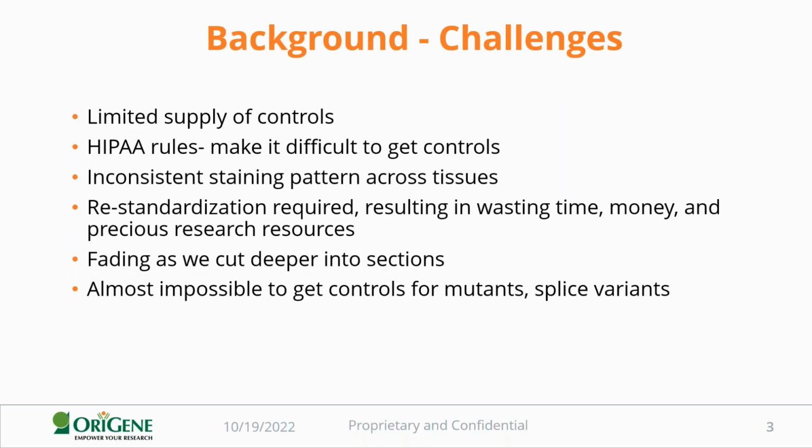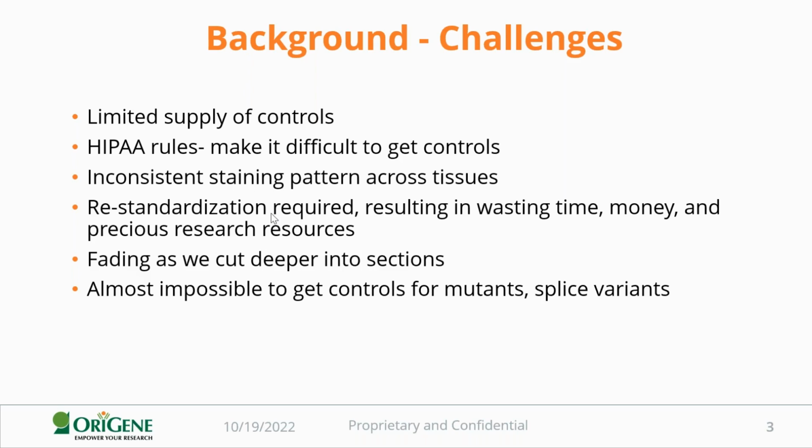And this has nothing to do with the tissue itself, but the way the tissues are treated before you do the staining: during transportation, how it is fixed, what is being used for fixing, how long it has been fixed. All these parameters play into inconsistent staining patterns. And what is the result of that? You have to re-standardize every time you get a new tissue, resulting in wasting time, money, and precious research resources.